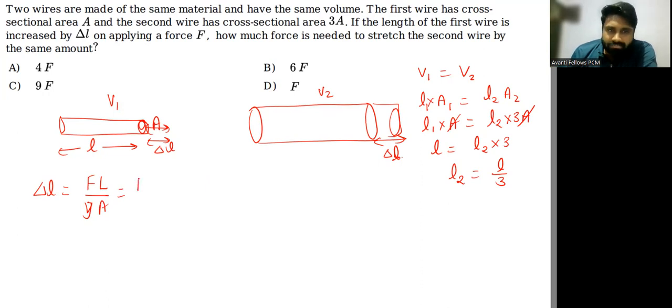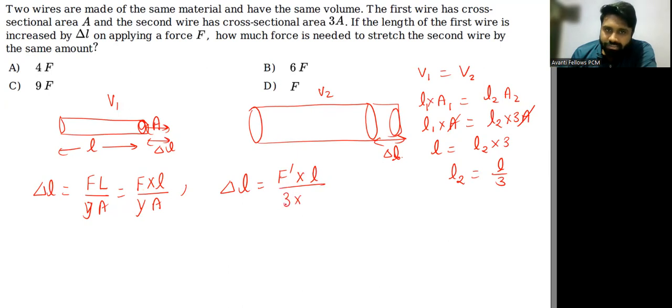In the first case, the force F has been applied, the length is L, Y is Y, and the area is A. But in the second case, we need to maintain the delta L the same. So here we need F dash, because length and area have been changed. So the length will become L2, and L2 is nothing but L by 3.